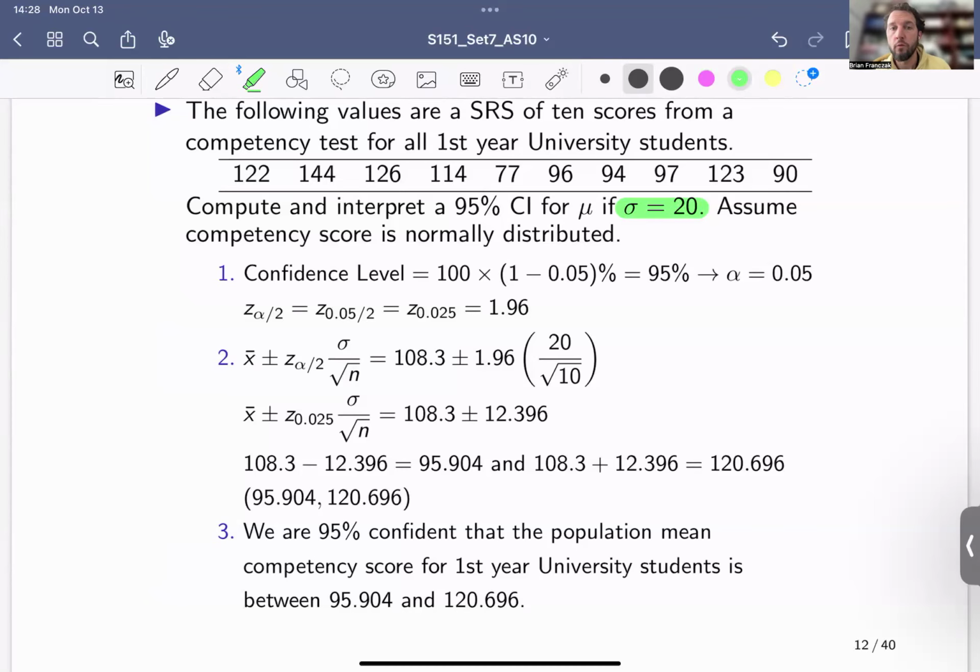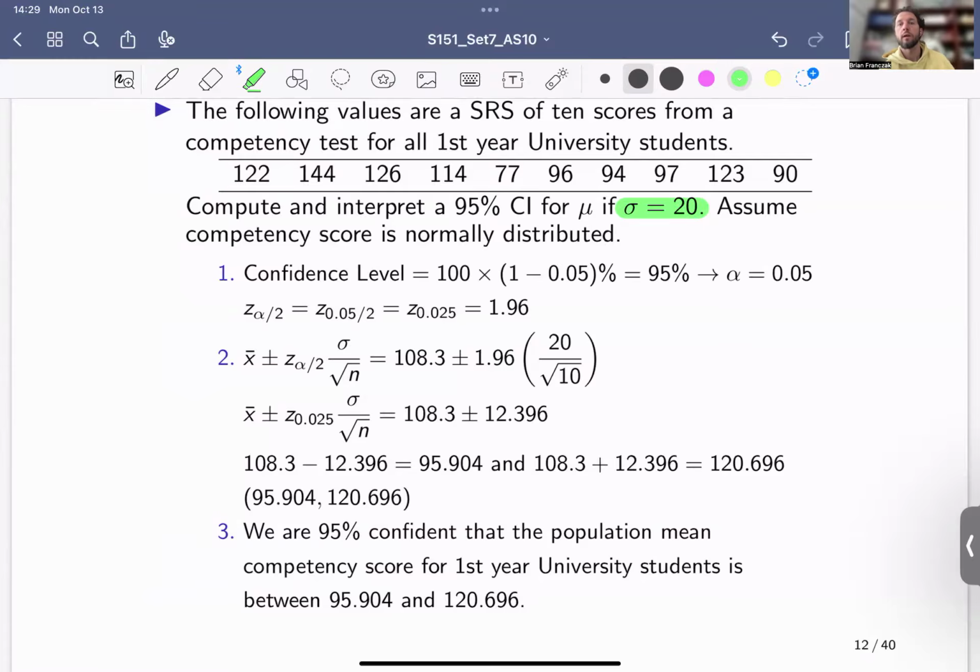We are told to assume that competency score is normal. So this is saying your population, or the variable that you are studying, is normally distributed. So if the variable from the population is normal, X bar is also normal. We know this is true because of the properties of the sampling distribution that we discussed in lecture set 6.